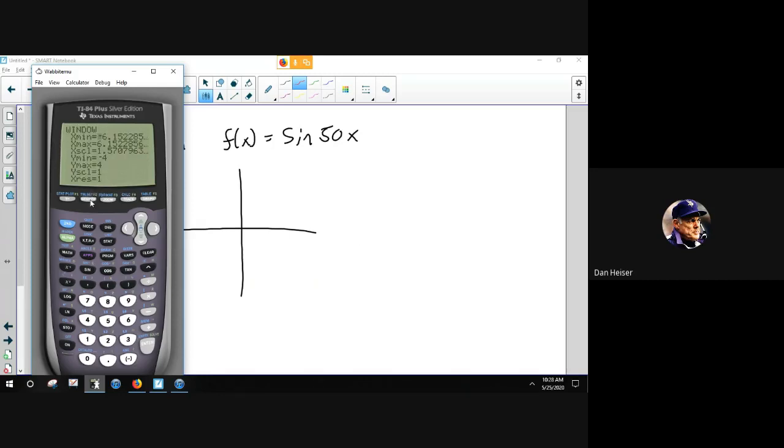Let me change the window. Okay. Let me go negative, let's say 3 pi, scratch that, negative 4 pi to positive 4 pi.